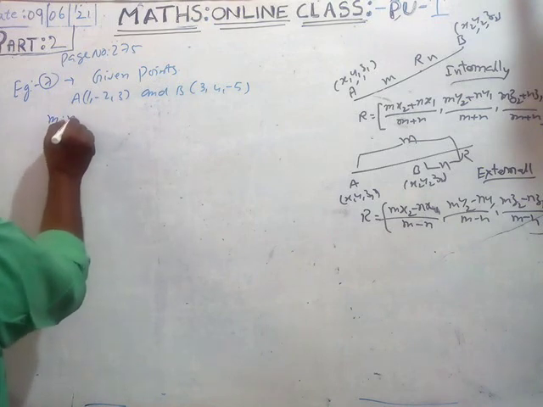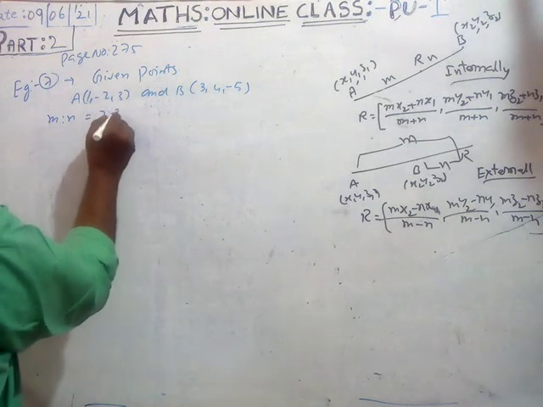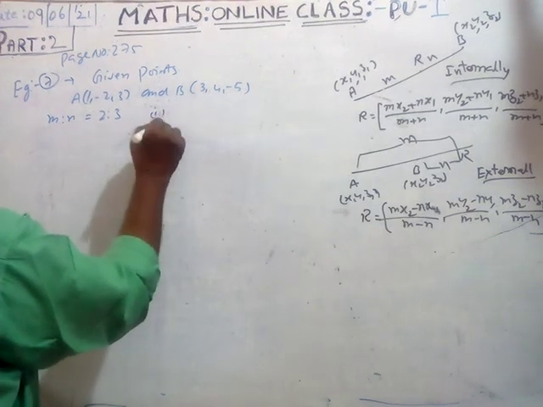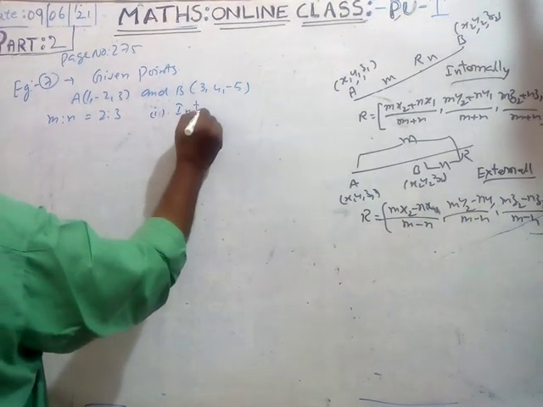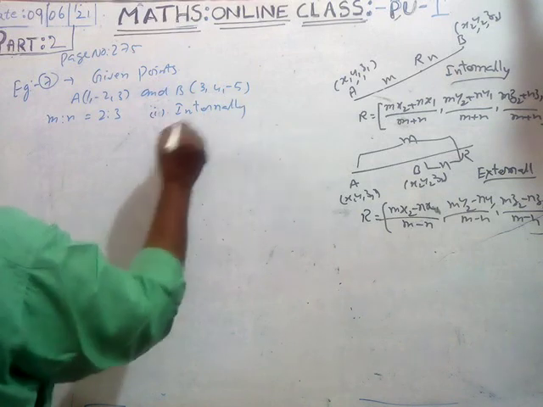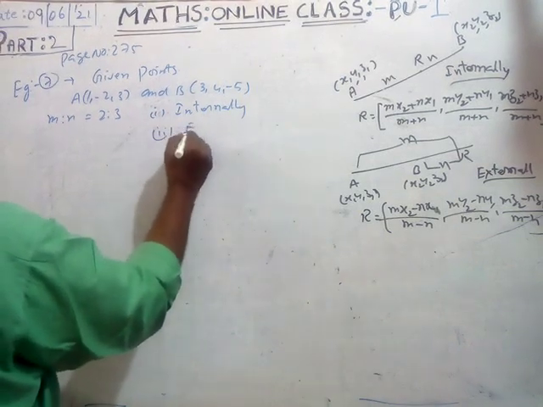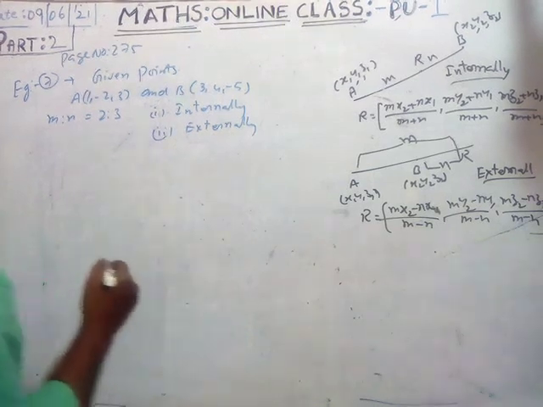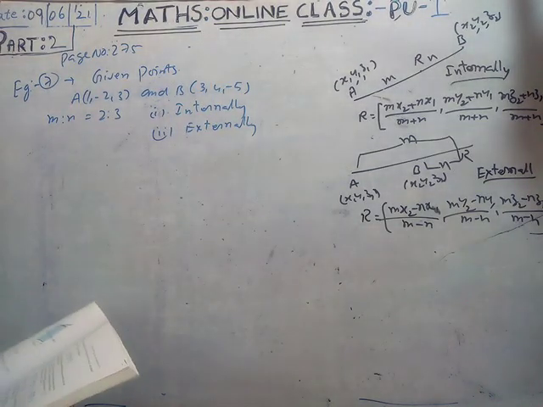M is to n is nothing but 2 is to 3, so m is 2, n is 3. One is internally, the second one is externally. We are asked to find both new points.